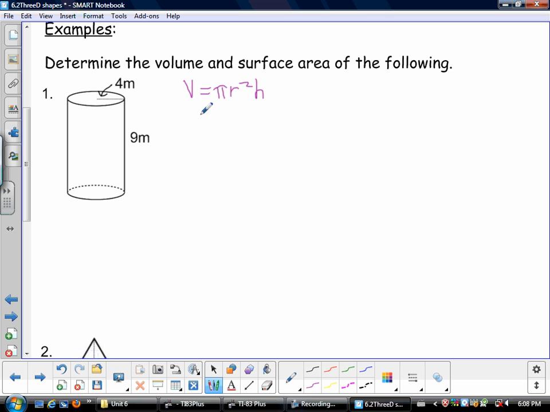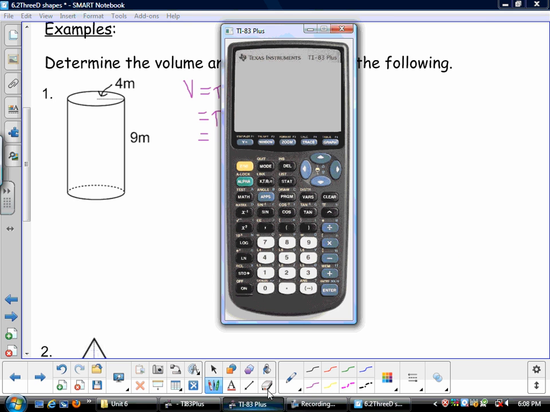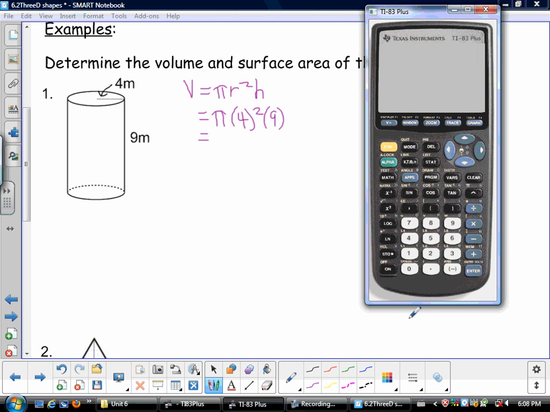So pi, we're going to keep pi in our formula. Our radius here you can see is 4. We need to square that, and then we need to also multiply by the 9. Now it's not 9 times 4 and then squared. It's 4 squared. We have to watch our order of operations. Okay, and so then if we bring out our calculator and type all of that in, and I'll do it for this one just so you can see that I'm not cheating.